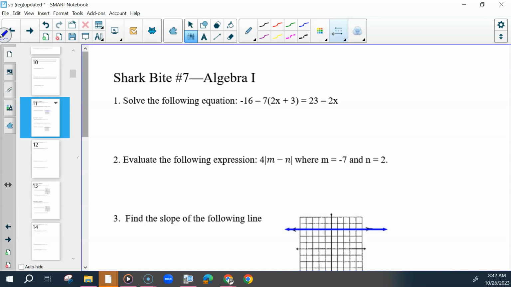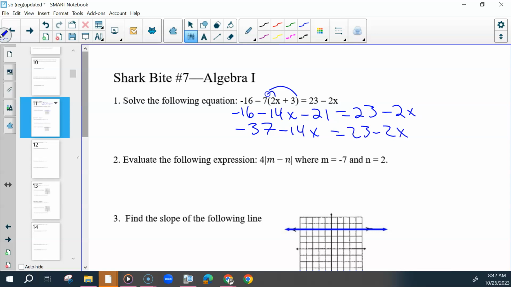Okay. For number 1, you needed to distribute. We have negative 16 minus 14x minus 21 equals 23 minus 2x. Combine your like terms on the same side. So we have negative 37. Looking at just this, when you solve it, we're going to get one solution because we have different coefficients.